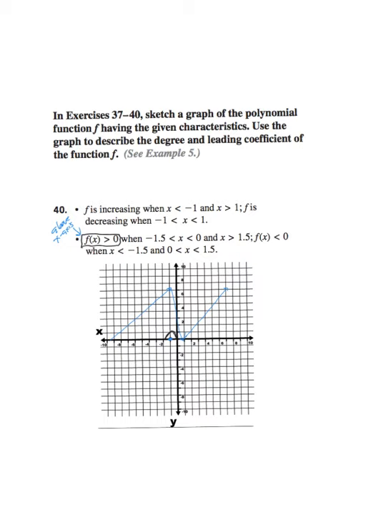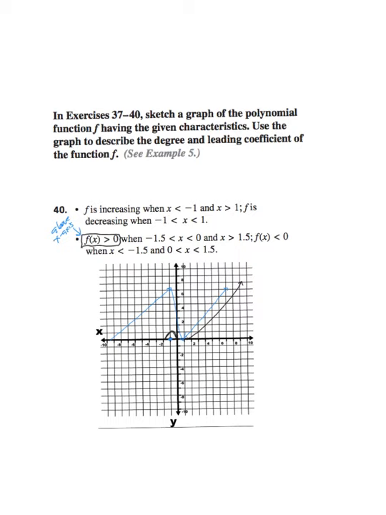And then it says we're also above the x-axis for any number bigger than +1.5. So at +1.5, it's going to be going upward.